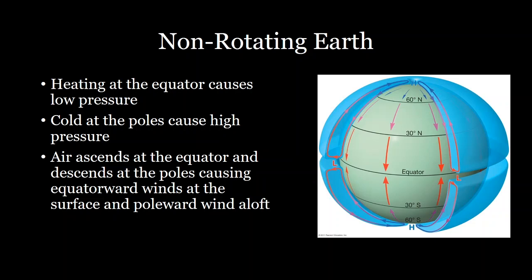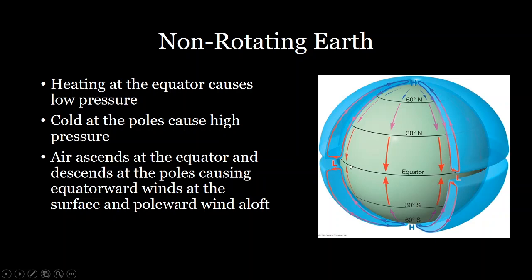So we can think, if the Earth was not rotating, then the majority of the heat that the sun exposes to the Earth would be located near the equator. The equator would be the hottest region of the Earth, and because of that heat, the atmosphere there would expand, and you'd have a low pressure there.